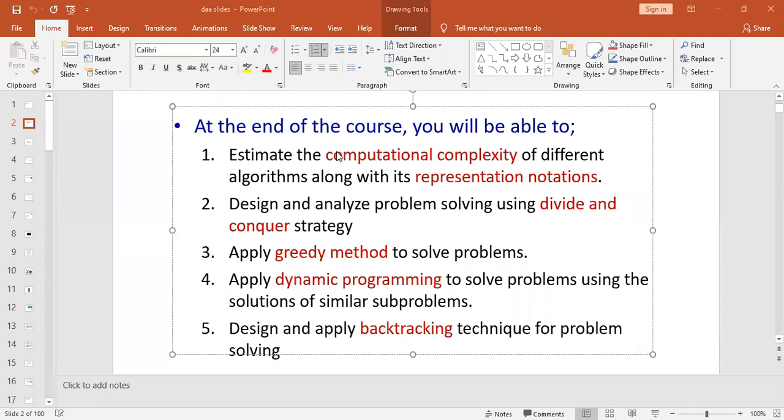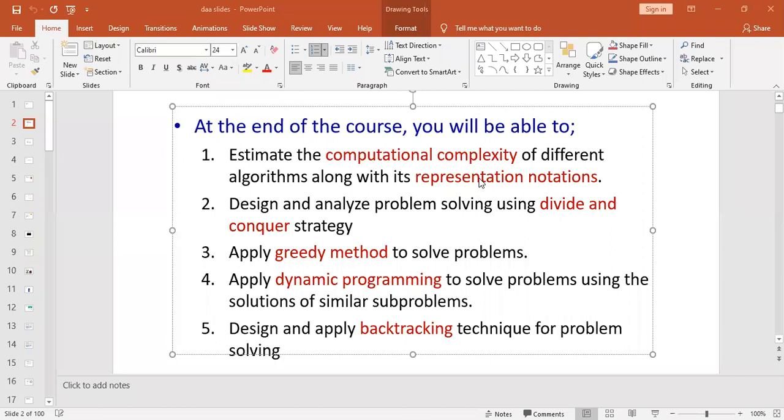First, you can estimate the computational complexity of different algorithms with their representation notations. That means you will be having two complexities: one is space, the other one is time complexity. Space and time are very important aspects of computer science.